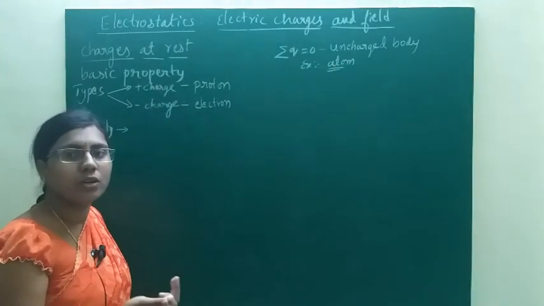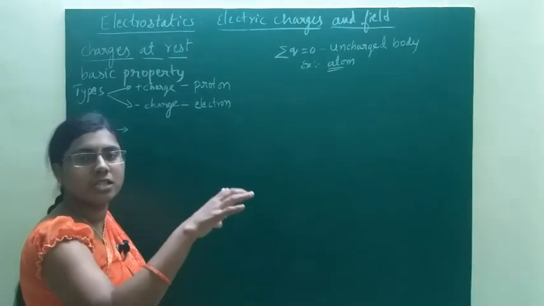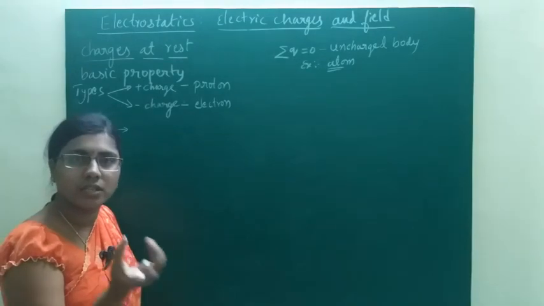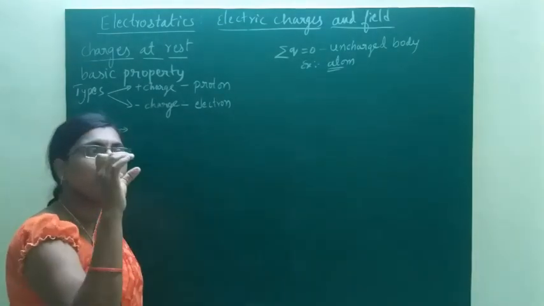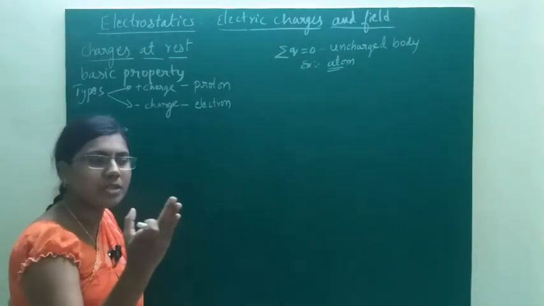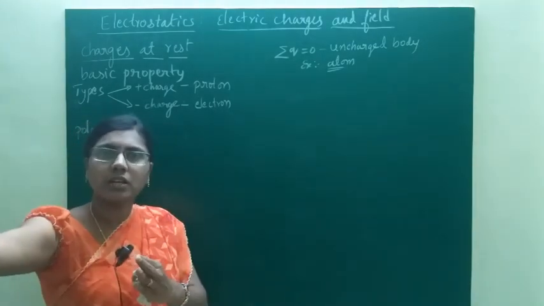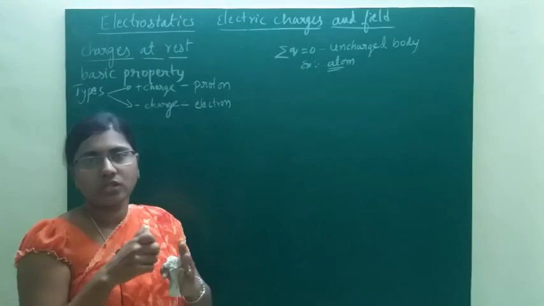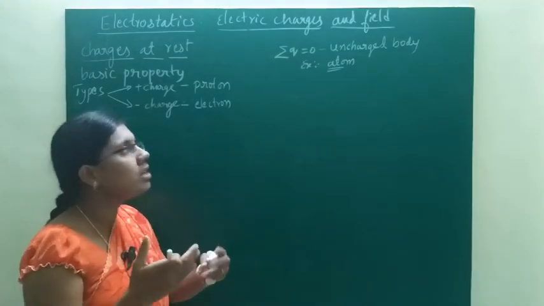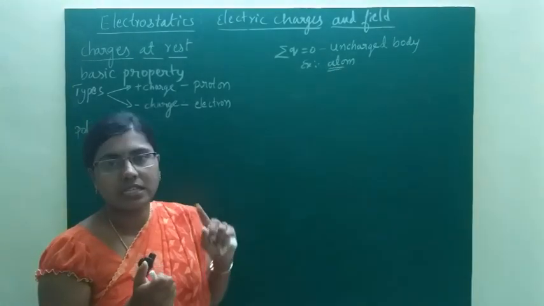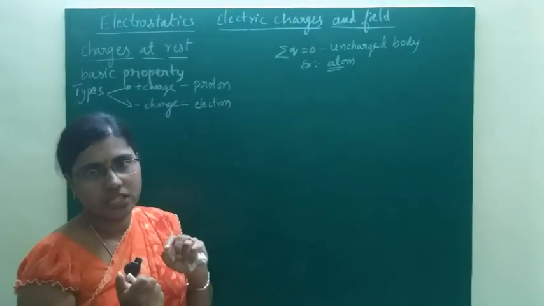You all know an atom has a central nucleus, around which electrons are revolving, and inside the nucleus protons are there. If two protons are in the central nucleus, then two electrons are also there in the outermost orbital. Therefore the net charge becomes equal to 0, and the atom is considered neutral or uncharged.